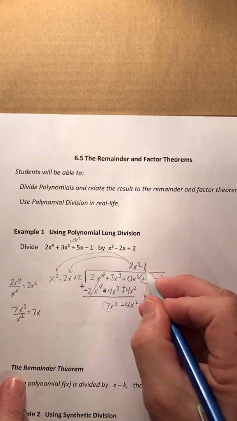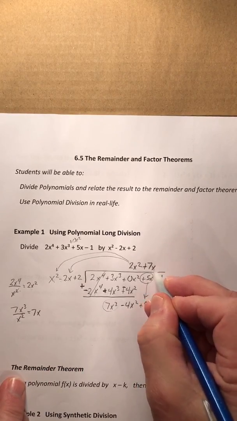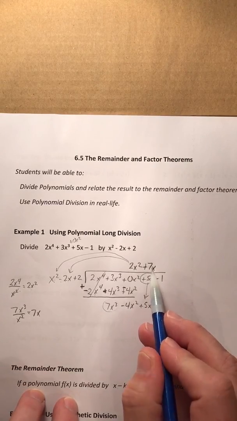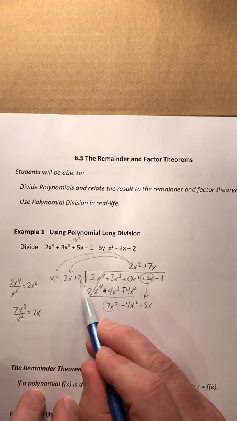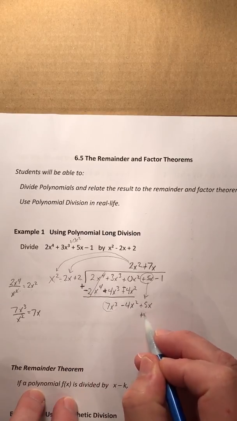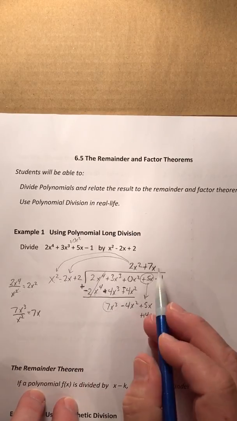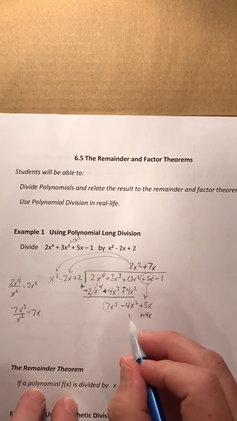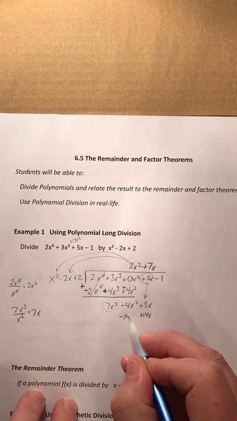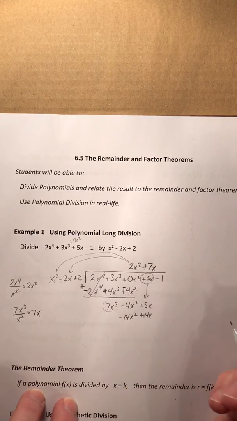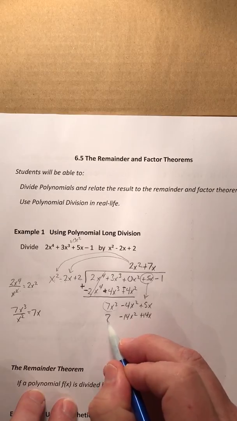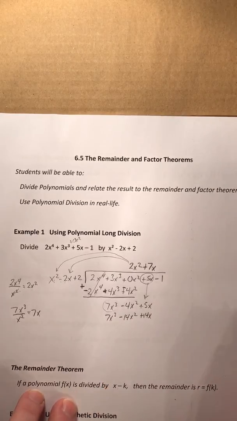So we put positive 7x here. Now we multiply. 7x times the 2 gives us plus 14x. Then positive 7x times a negative 2x gives us a negative 14x squared. And then 7x times x squared gives us 7x to the third.